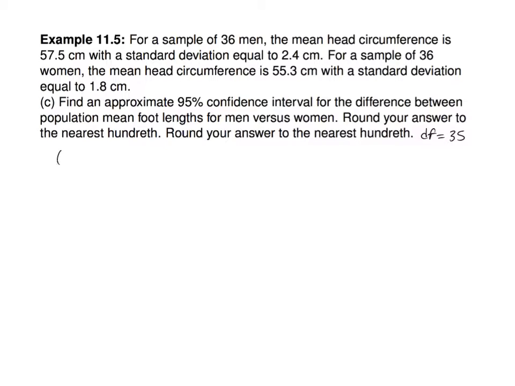Okay, so our confidence interval here is x1 bar minus x2 bar plus or minus your multiplier times the standard error of x1 bar minus x2 bar. Is 35 on your table? No, it's not. So let's just go between 30 and 40 and then average. For 30, I have 2.04 for a multiplier, and for 40, I have 2.02. Let's just use t star equals 2.03.